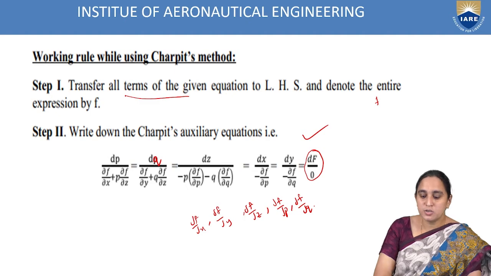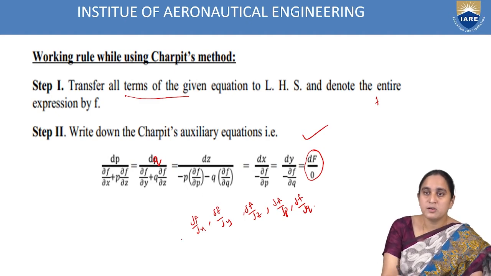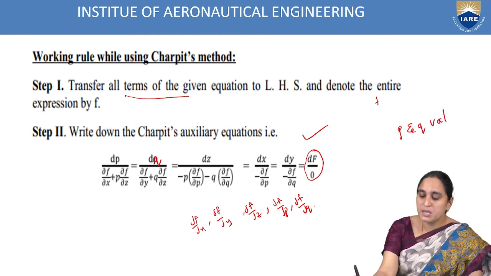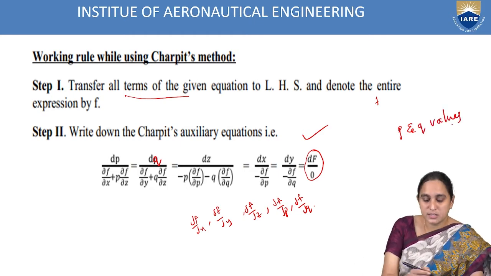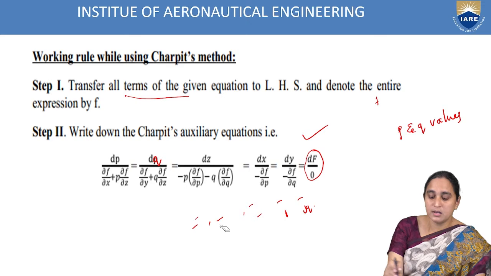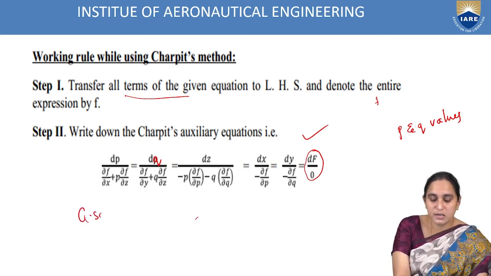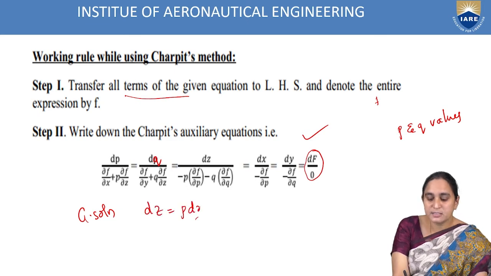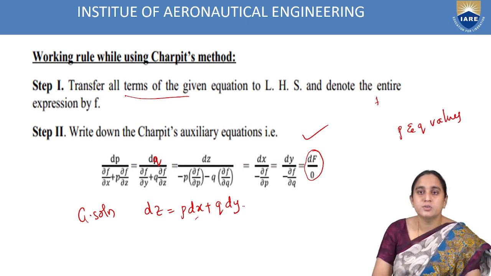What is the general solution for that? From that auxiliary equation we get the P and Q values. Then substitute all these values in the general solution formula. That is dz is equal to p dx plus q dy. This is the general solution.